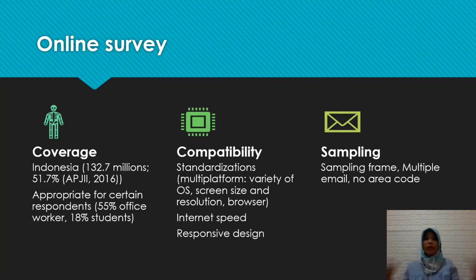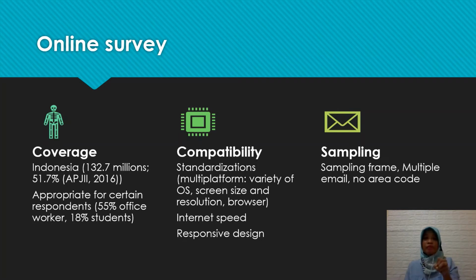So even if we have a list of participant information, they might have multiple emails, and if we sample the email addresses, for example, we might send the same survey to one person through different emails that this one person has.